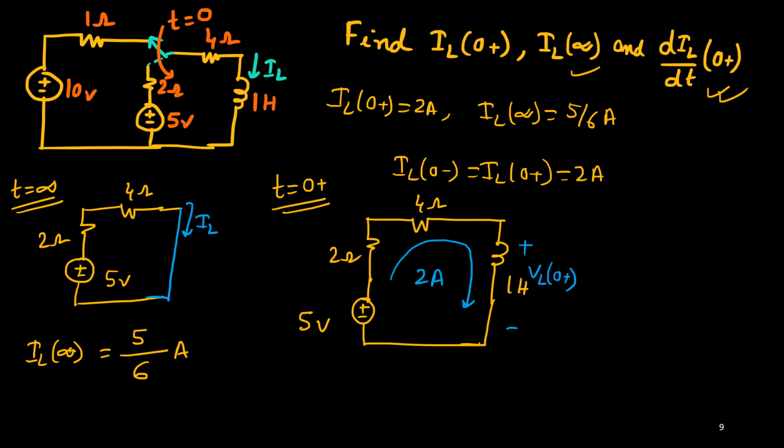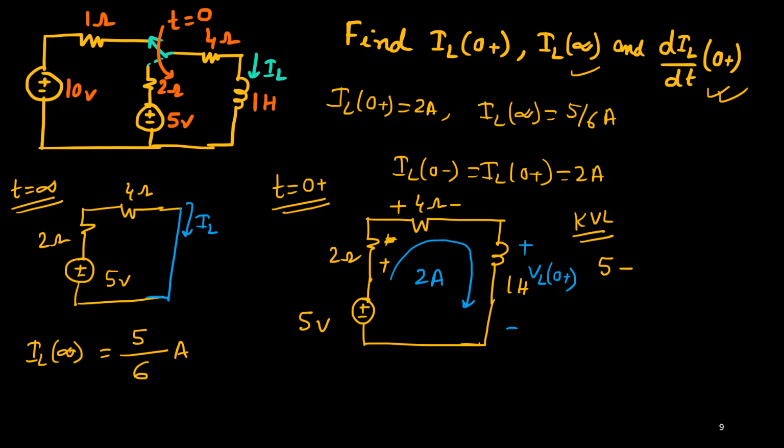Now we can apply KVL in this loop. So this 5 volt is the source, minus the voltage drop across this 2 ohm resistance, that is I into R. So this is plus, this is minus, and it's a drop. Again, this one also I have considered as a drop.